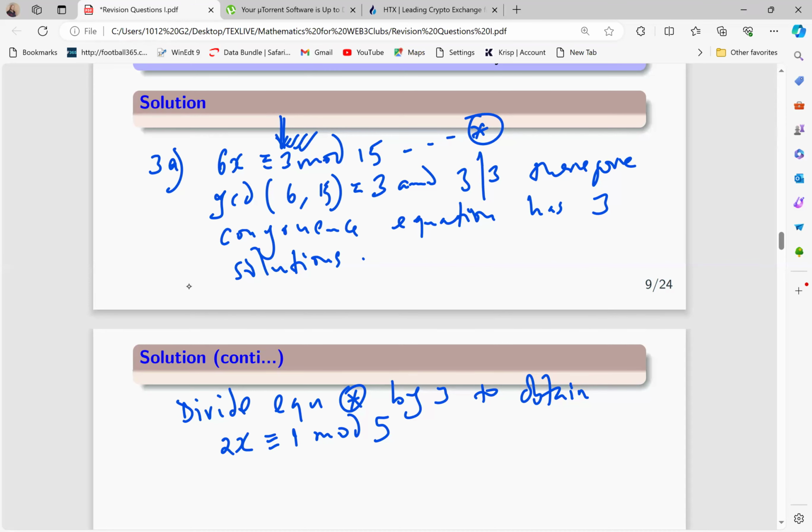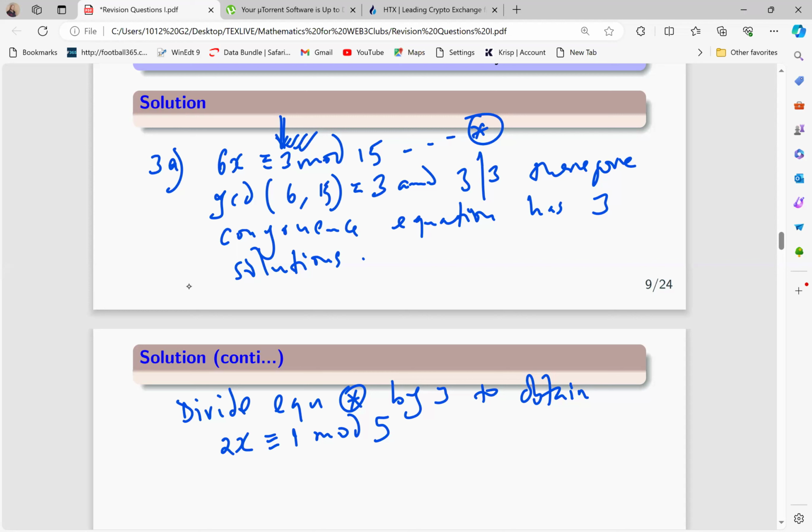Is that okay? Yes, if you have the inverse of 2 times 2, you get 1. So from here, you can proceed in several ways. Let's proceed using the Euclid's algorithm. But you could have proceeded using the Euler theorem, the Fermat's theorem, and so on.